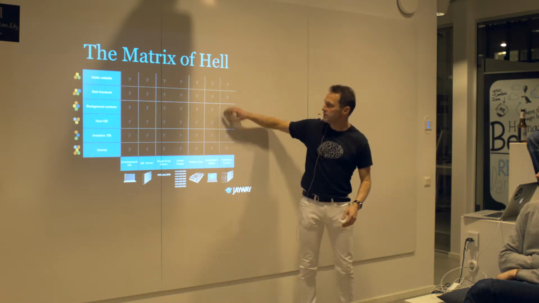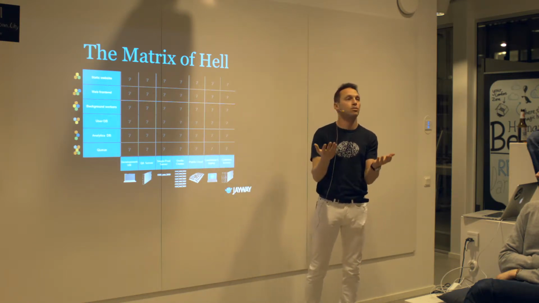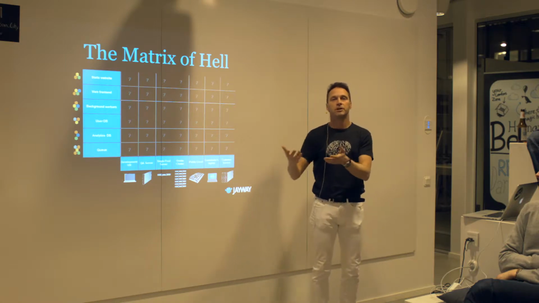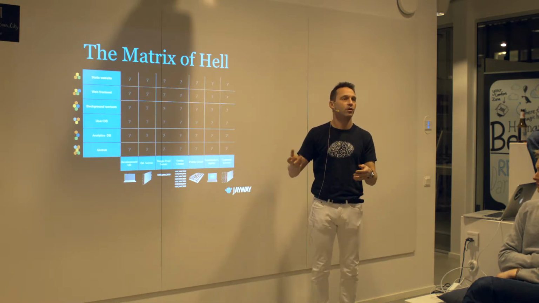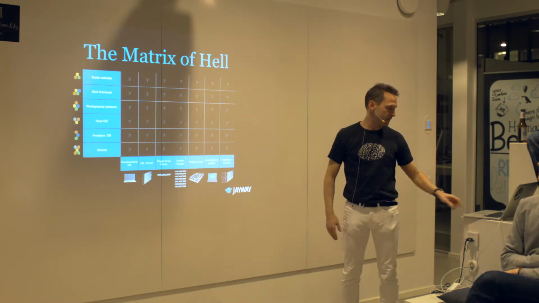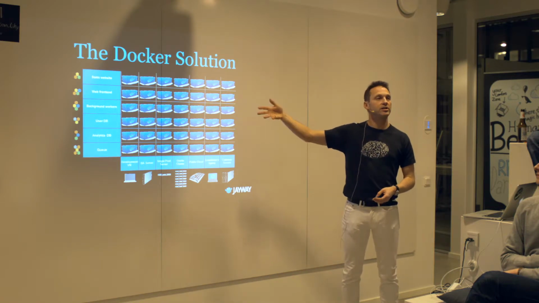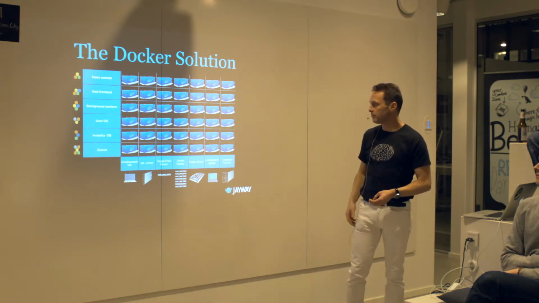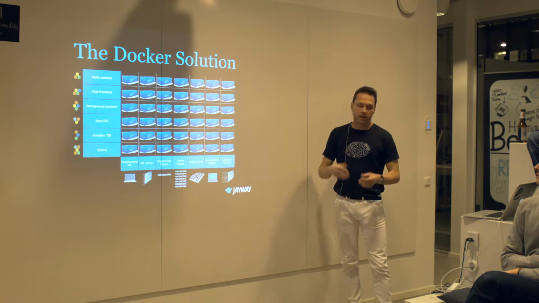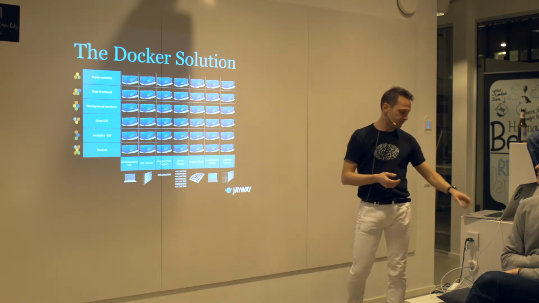So what is supposed to be installed in all these? Operations doesn't want to have multiple versions of everything everywhere and have different environments for everything. So the Docker solution just puts containers everywhere. So the unit of deployment is a Docker container.